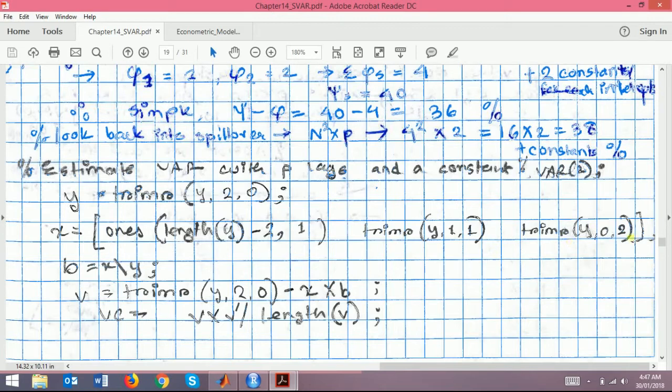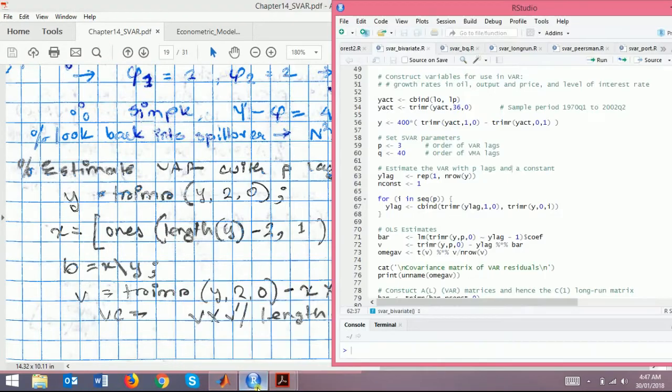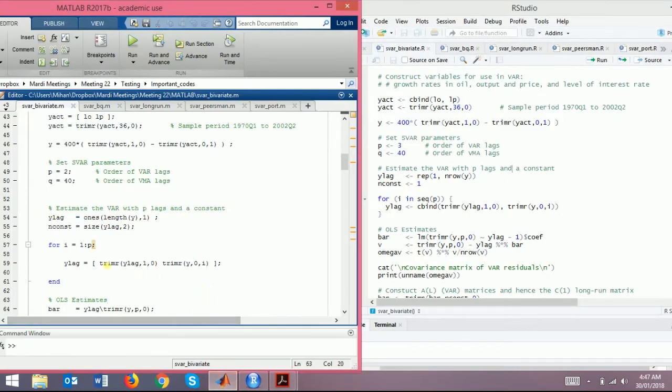That's how it developed: y20 and y02, the first one level and the lag. Here the same thing is represented in a different way. We are putting y in a loop, and we are suggesting, let's remove 1 from the first stage and up to i from the last one, depending on the lag.